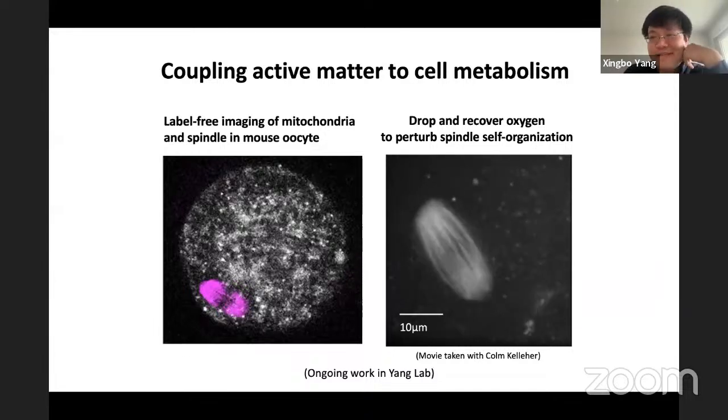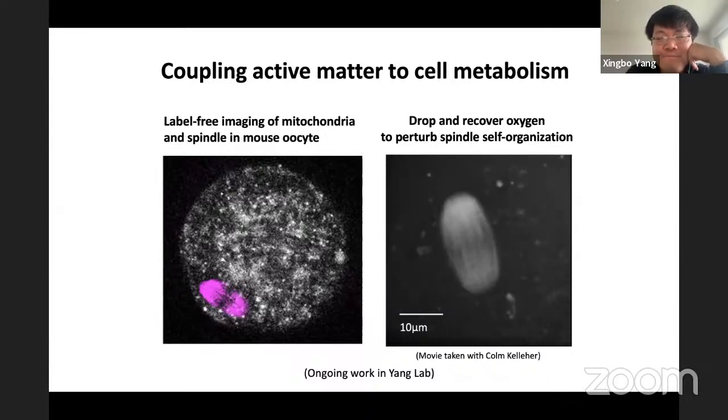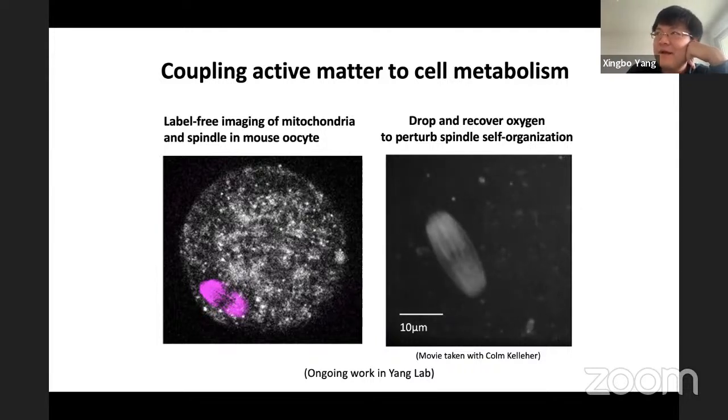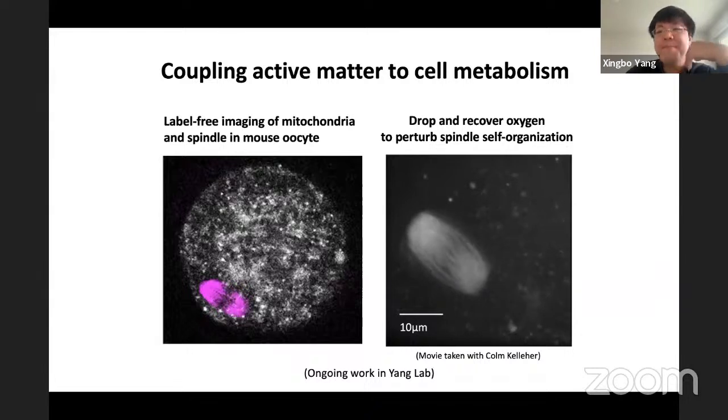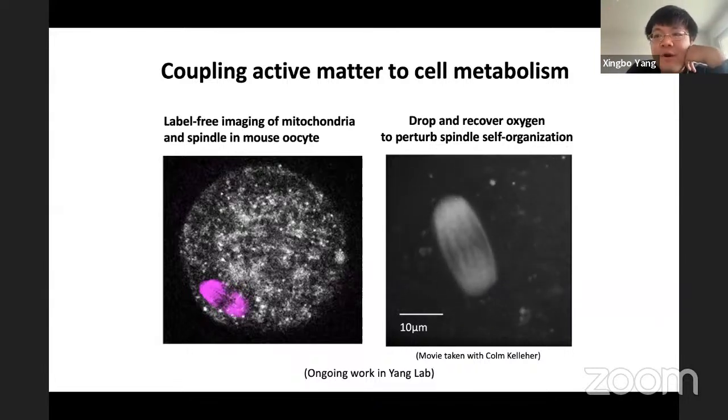Oh, temperature change. Okay, you bring another very interesting question. You can ask: would mitochondrial respiration be able to impact the temperature of the cell, or even generate a temperature gradient?